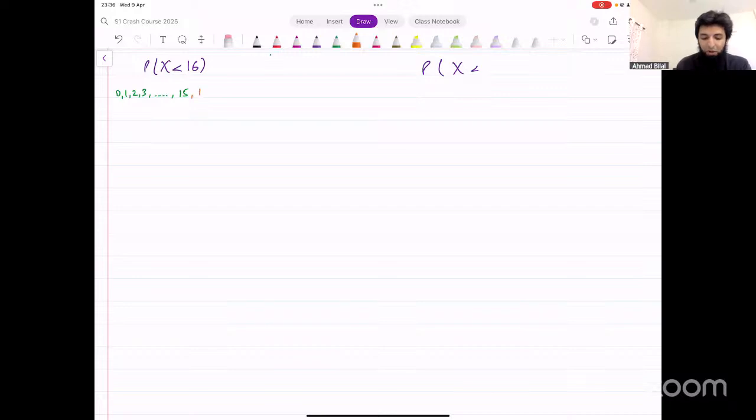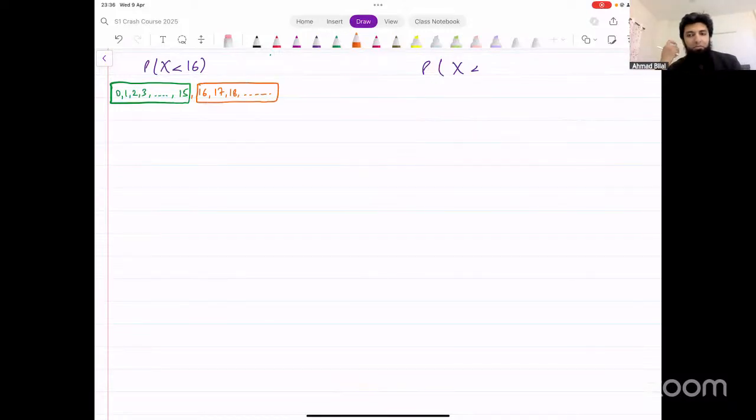We do not want 16, 17, 18. So this is the probability that we want, and this is the probability that we don't want. We want the probability up to and including 15, but we do not want the probability from 16 onward.